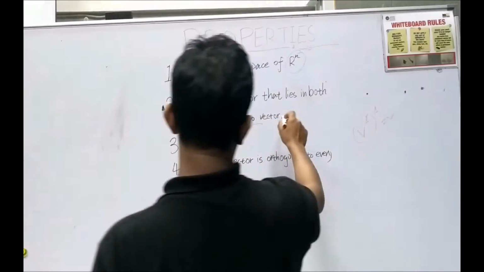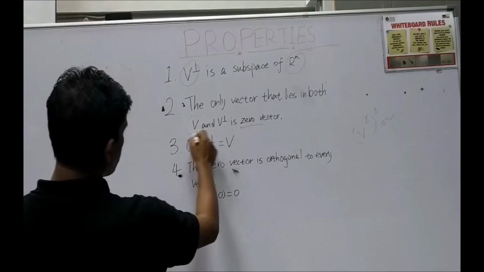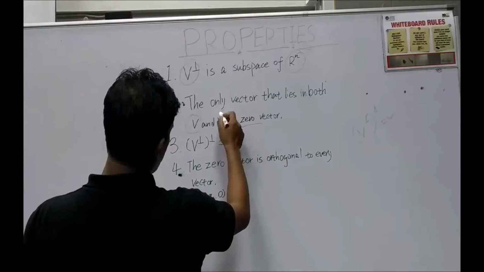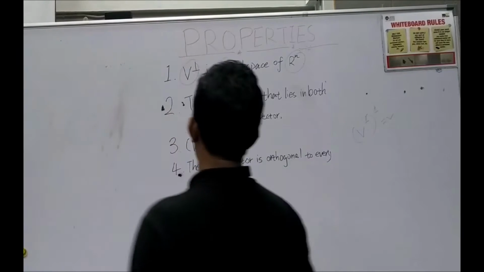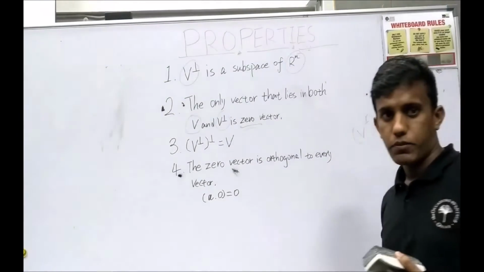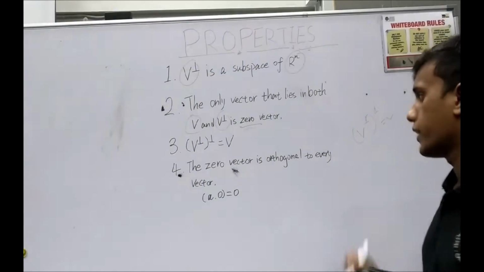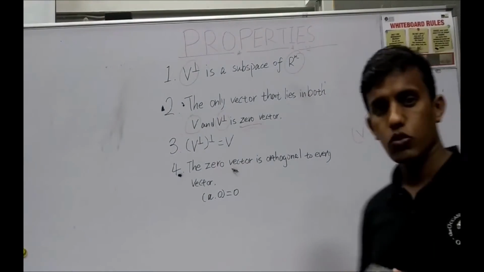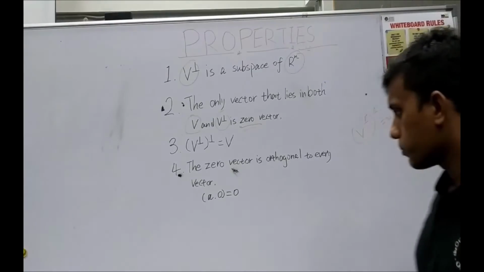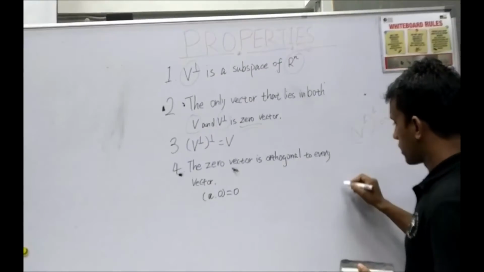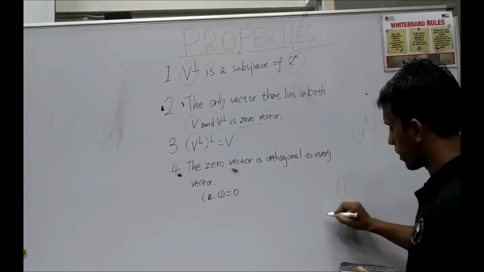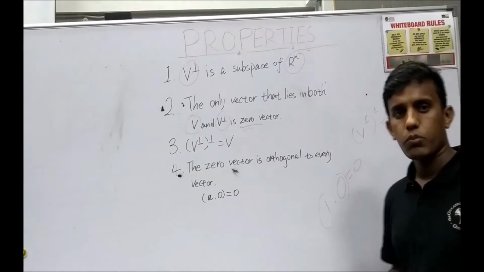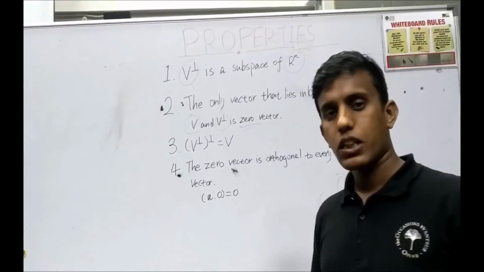So the only vector that lies in V and its complement is the zero vector. The complement of the complement is equal to V. Number four, the zero vector is orthogonal to every vector, meaning that whatever we multiply with the zero vector, the result will be 0.